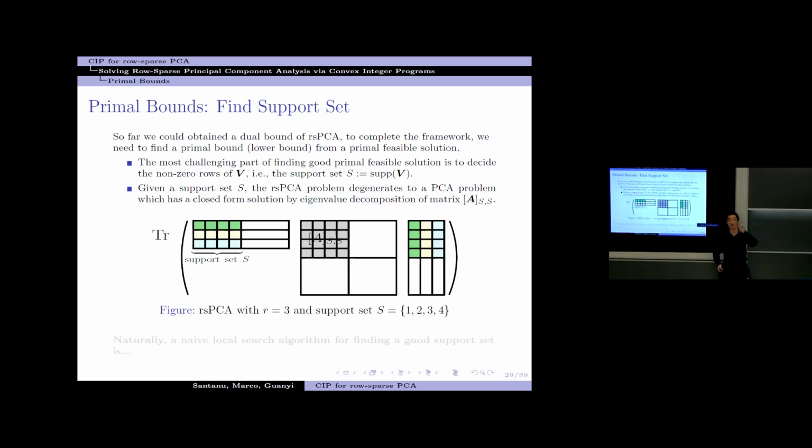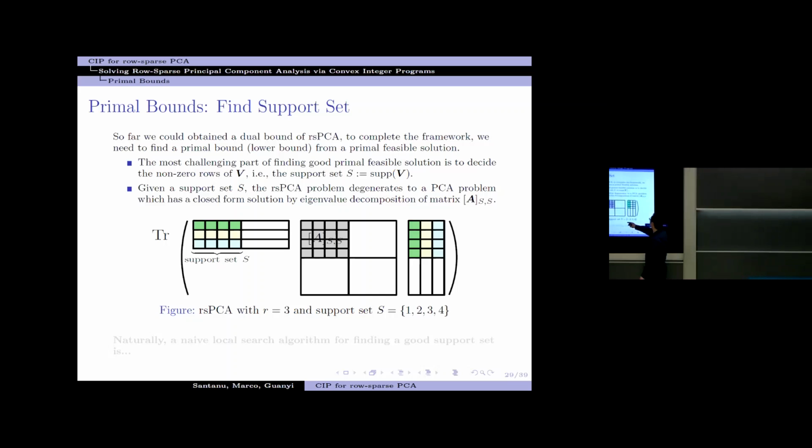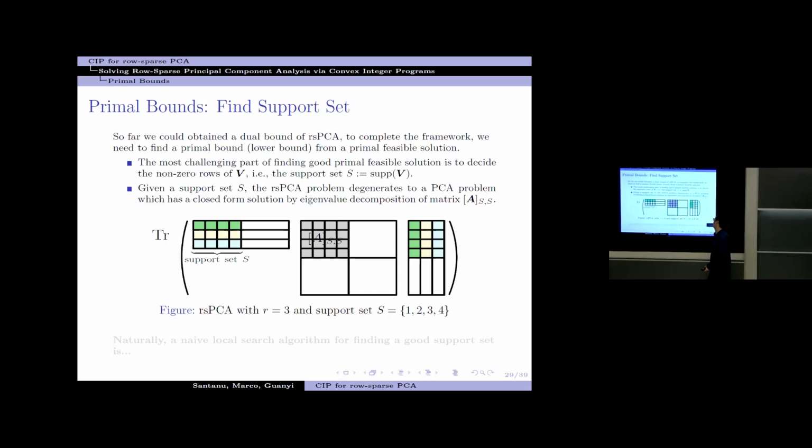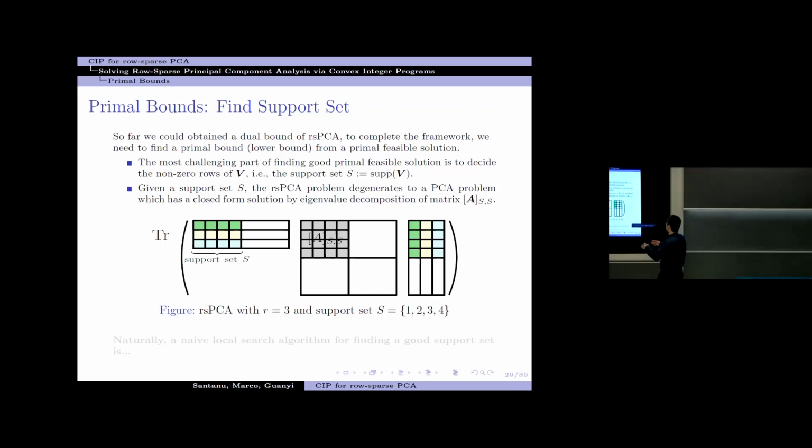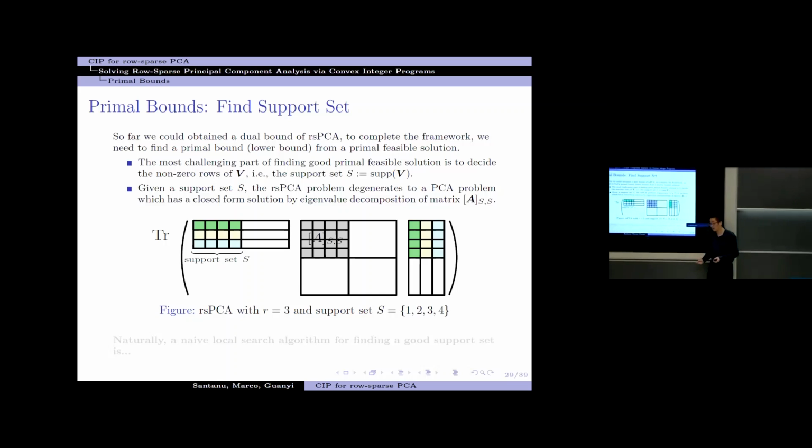If you fix one support set S, then the only thing you need to do is eigenvalue decomposition on the submatrix of the sample covariance matrix, and you just pick out the top R leading eigenvectors, and then you are done. So the hard part, or the challenging part, is how to find a good support set.